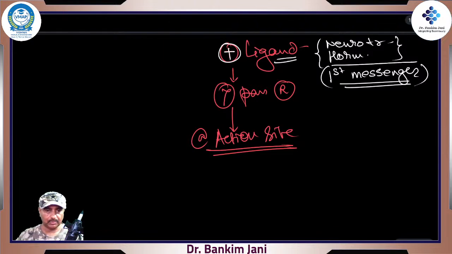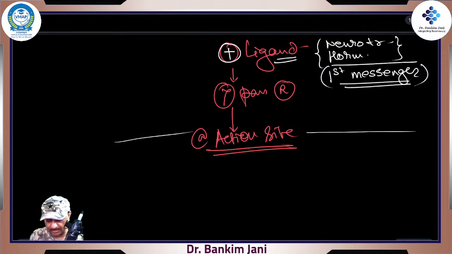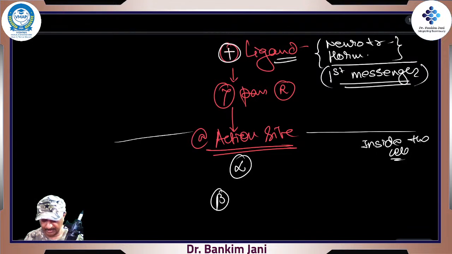So things go inside. Now the rest of the action is inside the cell, right? Inside the cell, it is our alpha, beta, gamma, and that's the whole one.